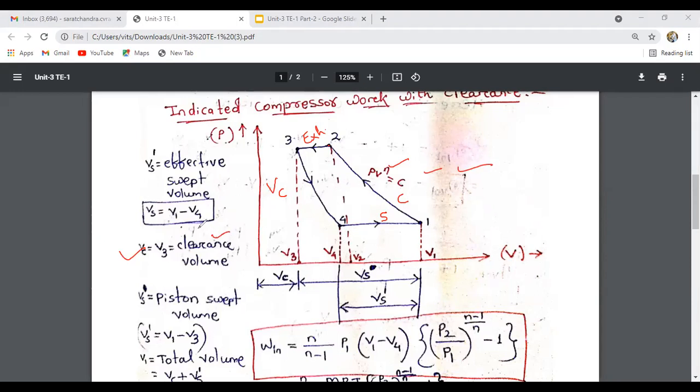Next, before effective swept volume, we will see VS, which is called the piston swept volume. Which one is the piston swept volume?